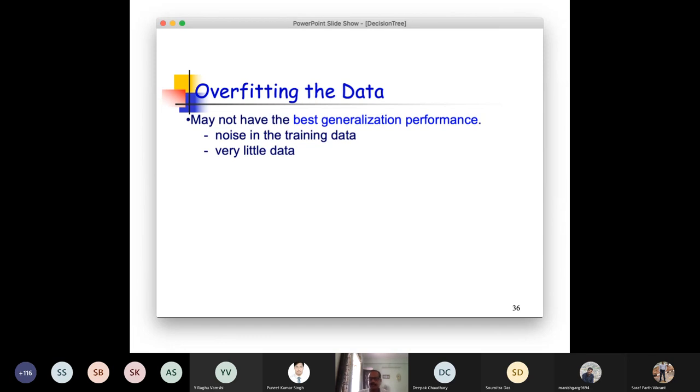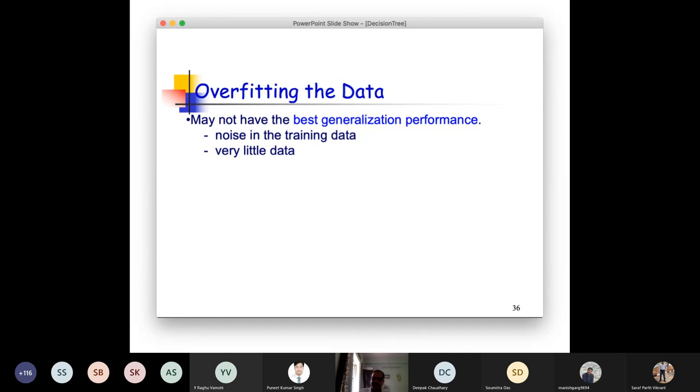This situation is not desirable. In reality, what happens is that the generalization error is high. You have a low training error, but a higher test error. This is the situation where we say it is an overfitting model.